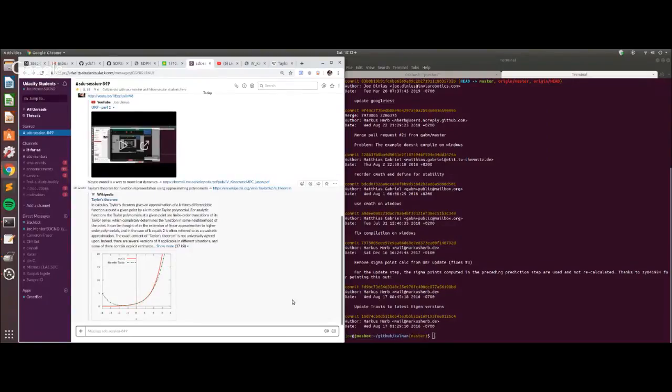And then the same thing for the measurement model. Your actual measurement is equal to some matrix times the true state plus some noise. And that noise is Gaussian distributed.